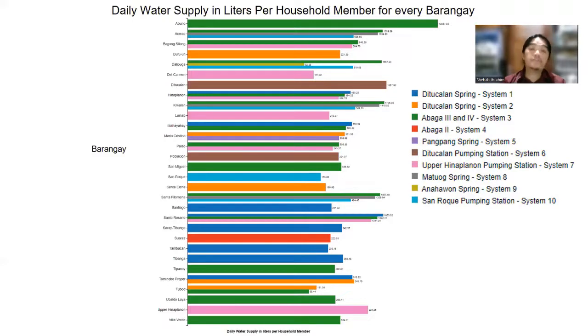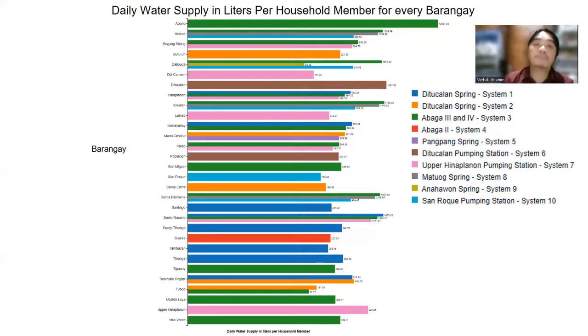The colors pertain to the pumping station that serves the barangay. The good thing about this visual is that it gives you an overview of the relationship between barangay, pumping station, and its water supply.